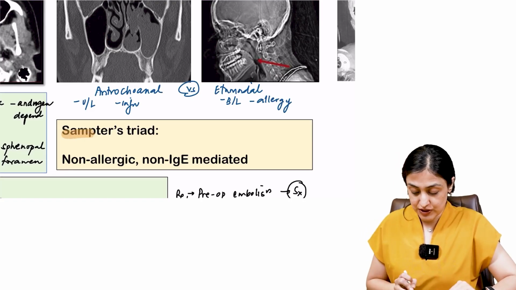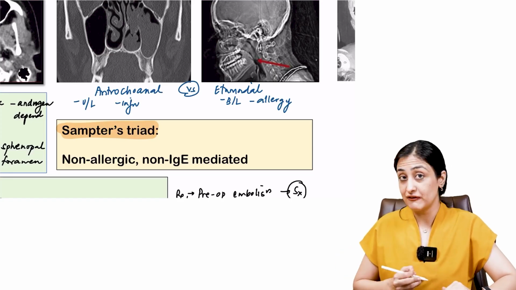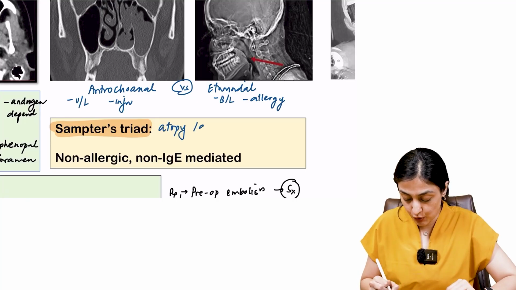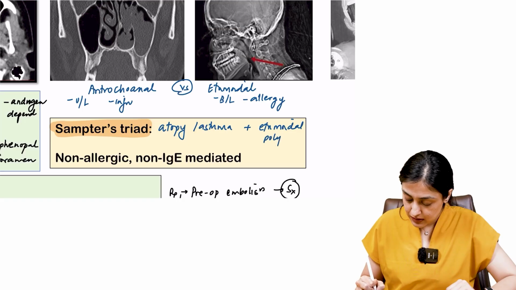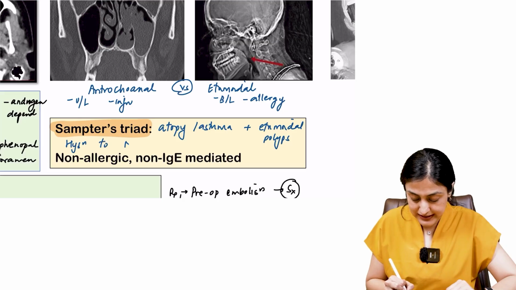One of the associations of ethmoidal polyps is Samter's triad. Remember, vowels stick together. So Samter's triad is history of atopy or asthma with ethmoidal polyps and hypersensitivity to NSAIDs, right?